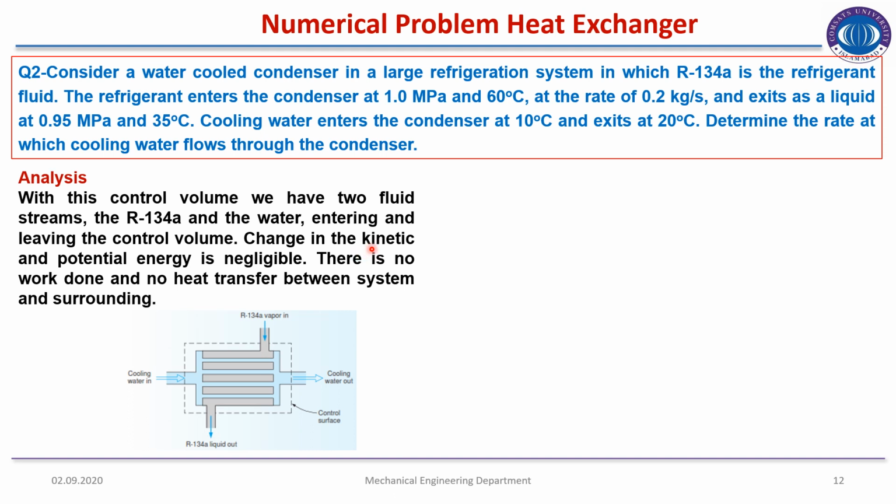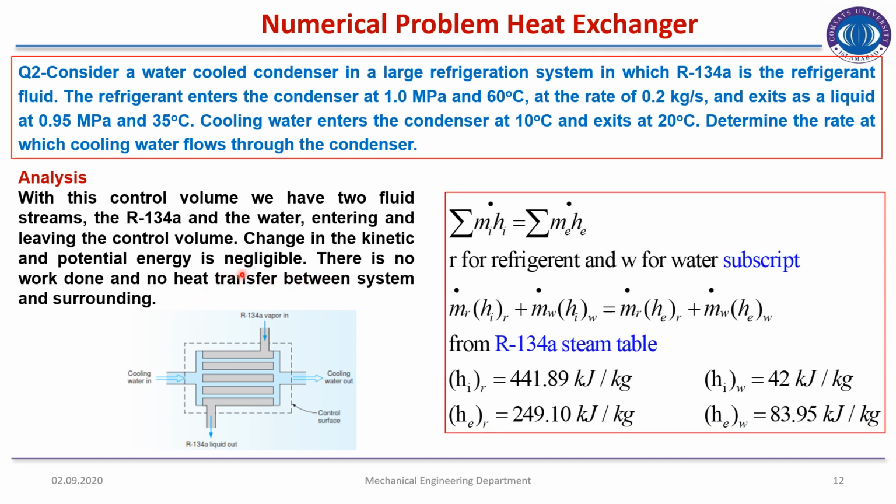So we will apply the steady flow energy equation and perform the analysis, where kinetic and potential energy terms will be neglected. Work done is 0 and heat transfer between system and surrounding is 0. Therefore, the Q term will also be neglected. So that is the steady flow energy equation for the heat exchanger.